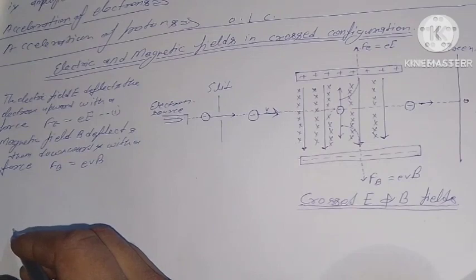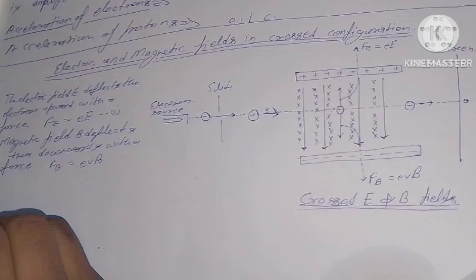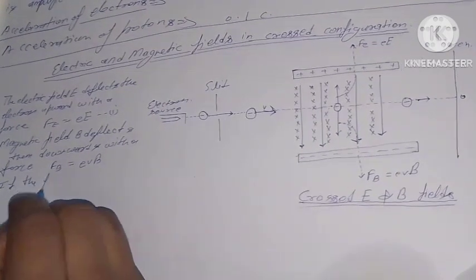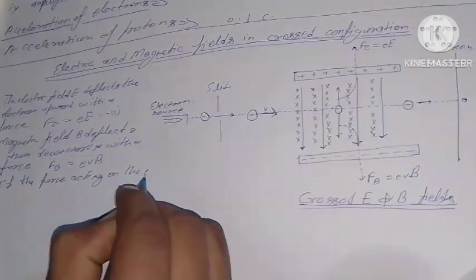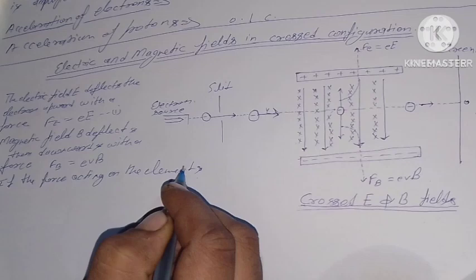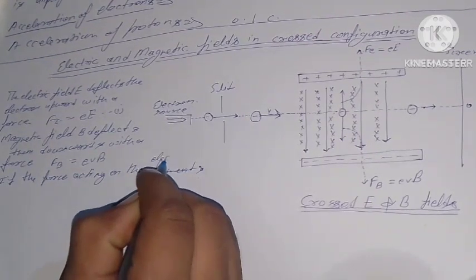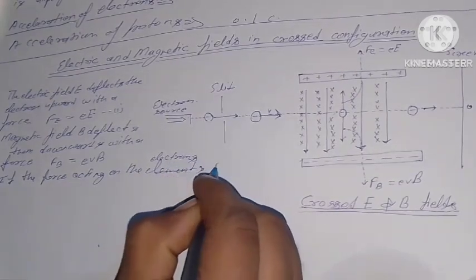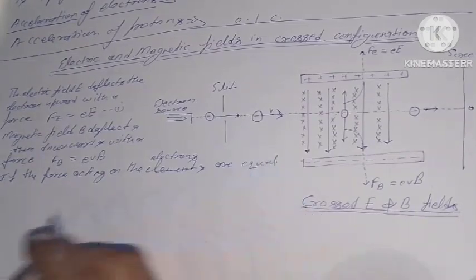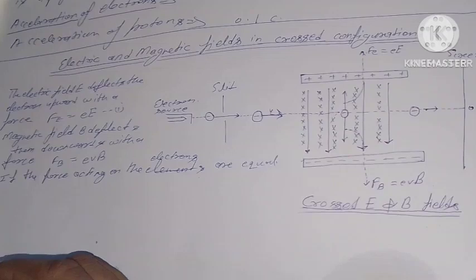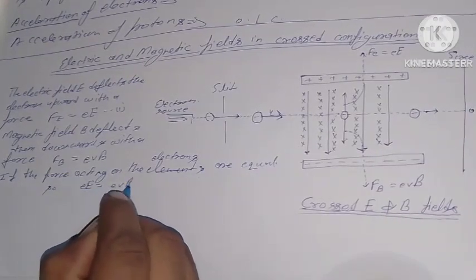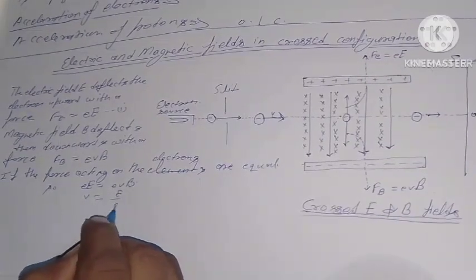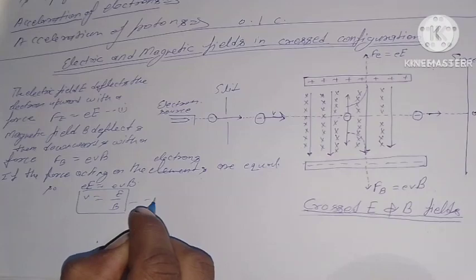So eE equals evB, then v equals E by B. This is equation number two.